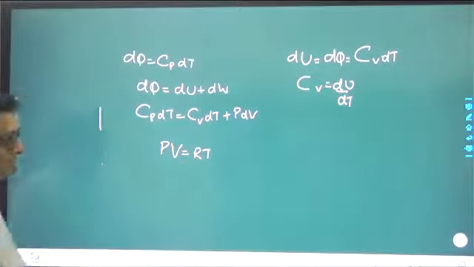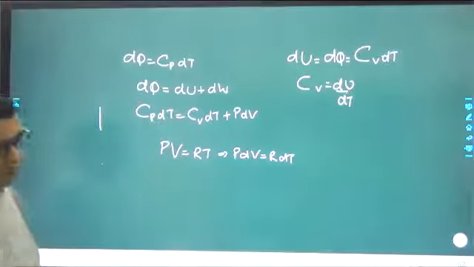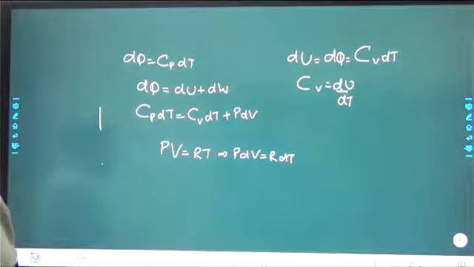PdV can be written as RdT, dT cancel हो जाएगा, you will get the relation Cp minus Cv is equals to R.